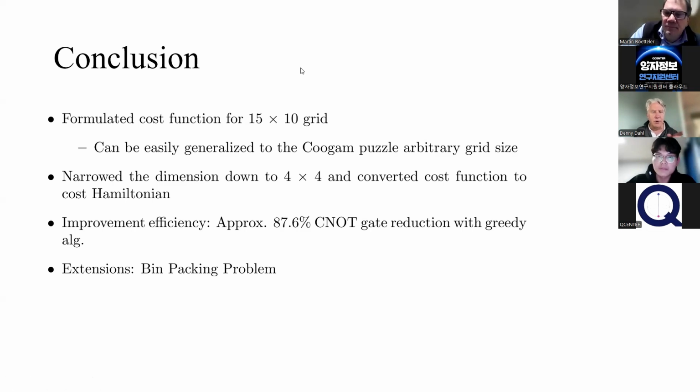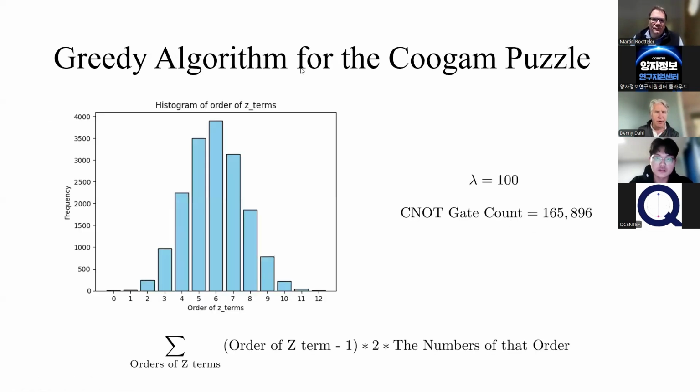I have a question and also a comment. Can you go back a few slides? So this slide here, you call this greedy algorithm, but actually the greedy algorithm is really on the next slide. This is really, I would say, the naive algorithm, right?